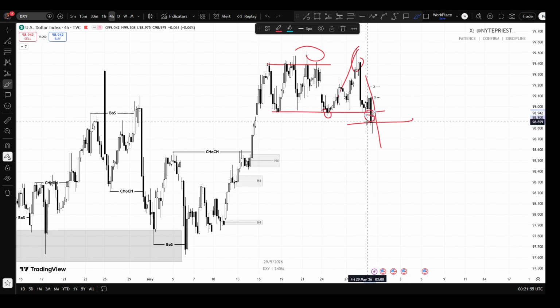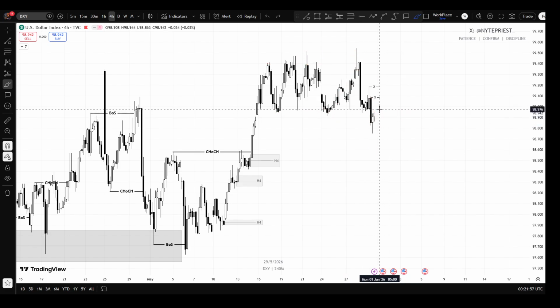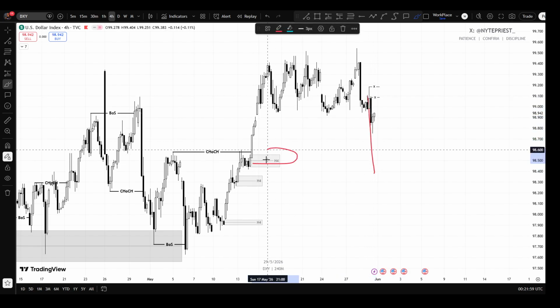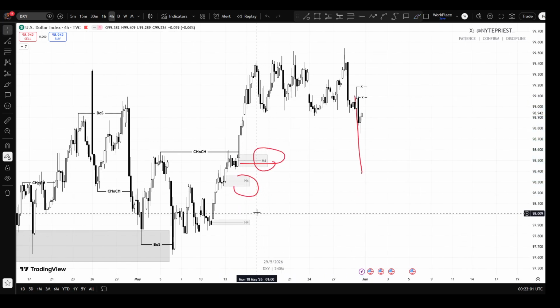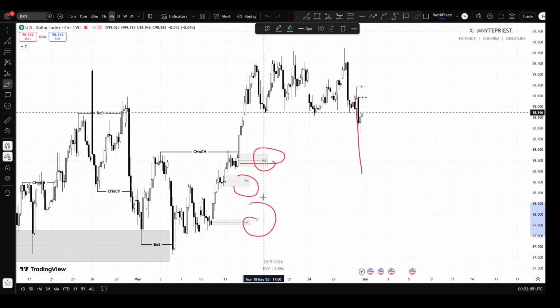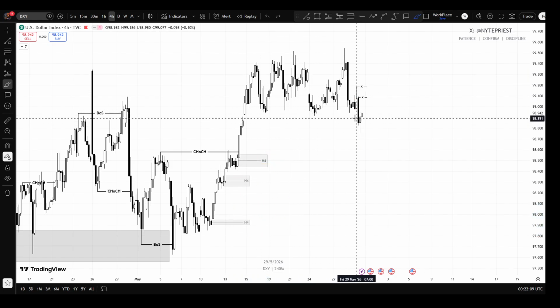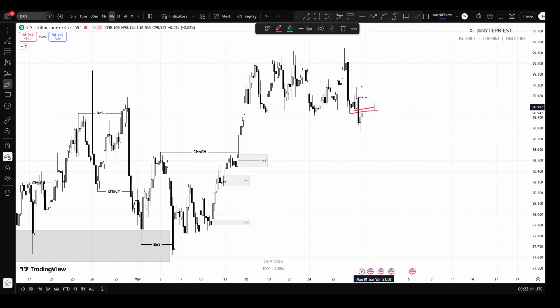So now we have a closure here. So we are convinced that price is heading downside to then mitigate one of these three H4 order blocks. We have this close here to the downside, and then this H4 order block here.